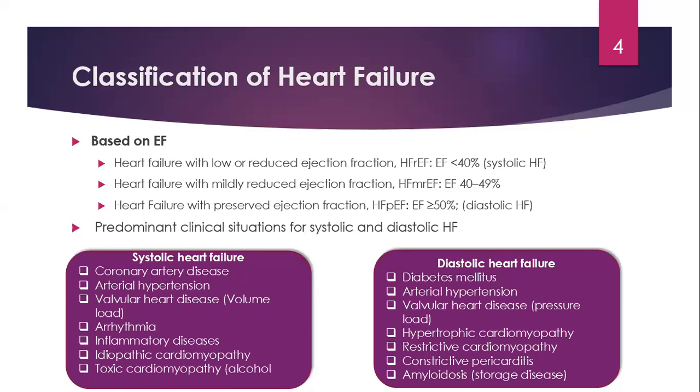So we'll talk about how heart failure has been classified over the years briefly before we delve into the pathophysiology. So the most common classification now, and a lot of publications that are coming out, are basing the classification of heart failure on the ejection fraction.